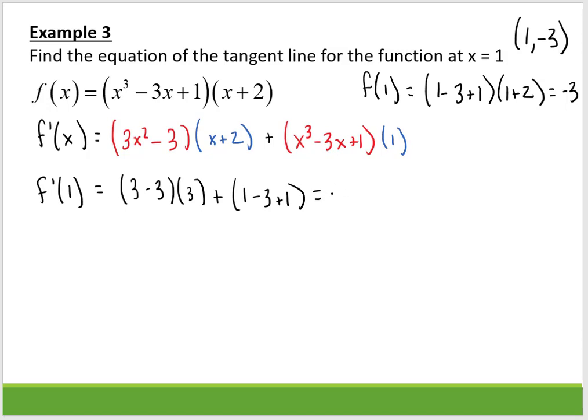So that slope ends up being -1. Now remember, I like to use point slope form. So y minus y1, which is -3, is equal to my slope times x minus x1, which is 1.